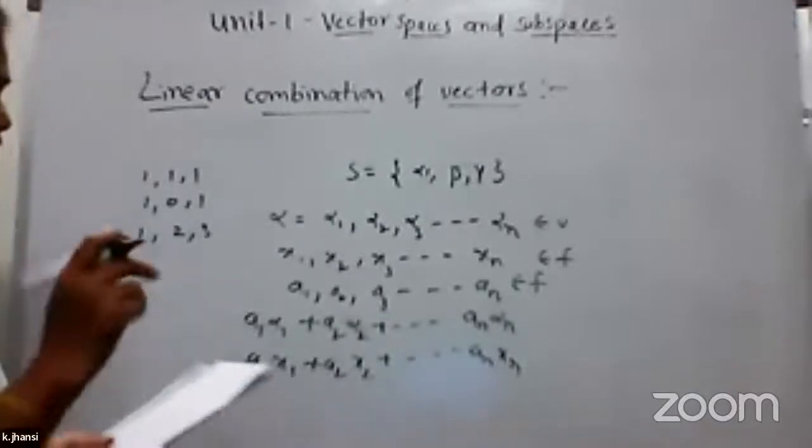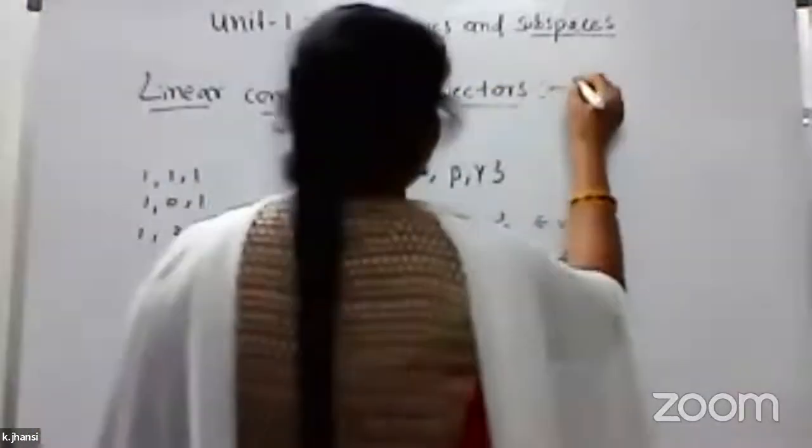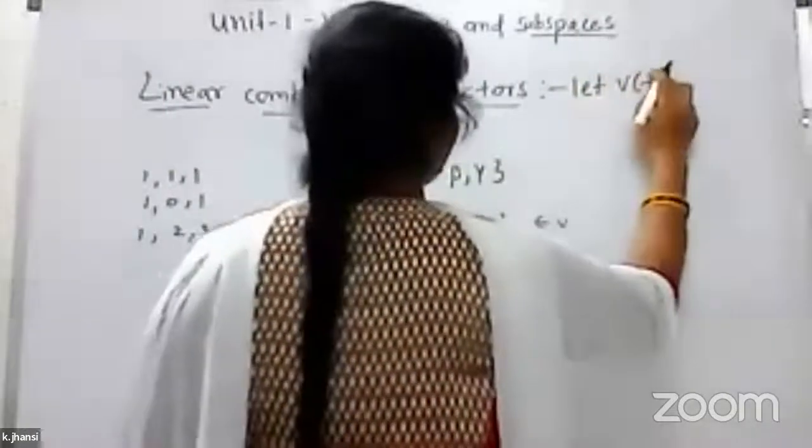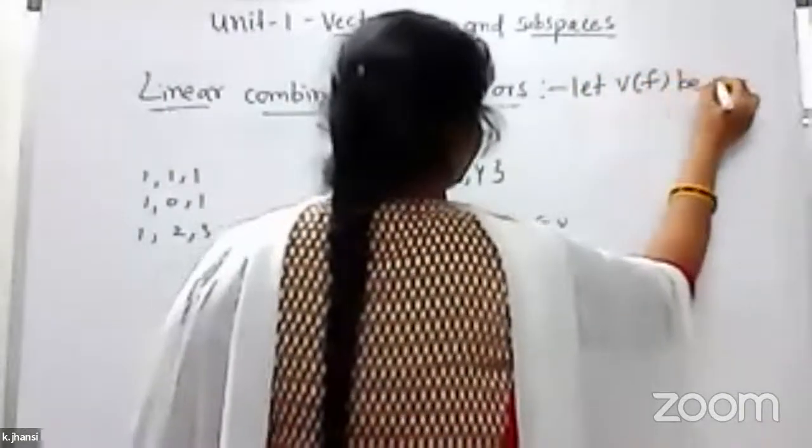The definition of linear combination: let V of F be a vector space.